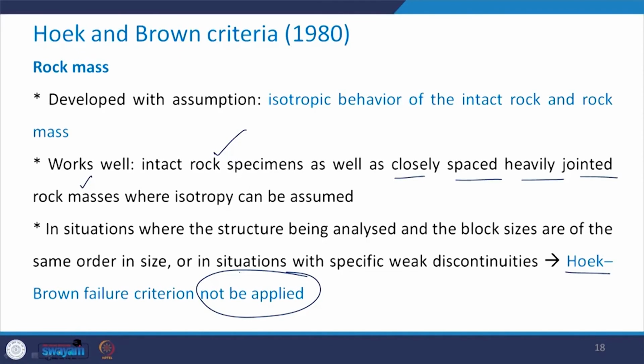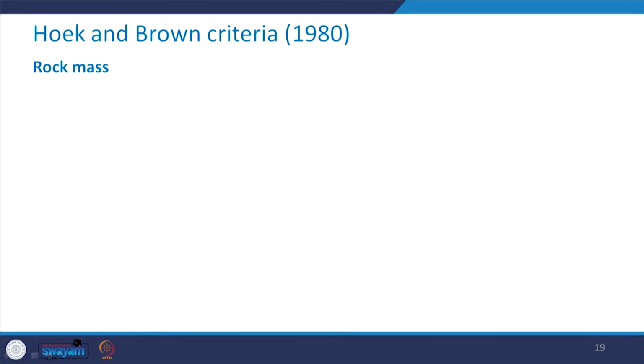Therefore, for the rock mass, the criterion is sigma 1f prime is equal to sigma 3f prime plus sigma ci into (sigma 3f prime divided by sigma ci plus s) to the power a.